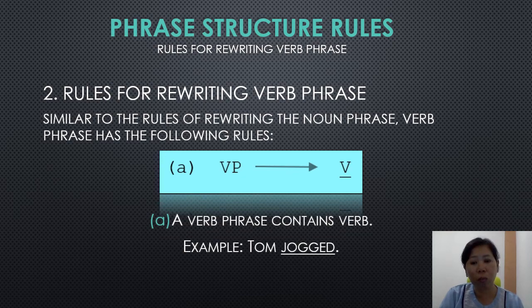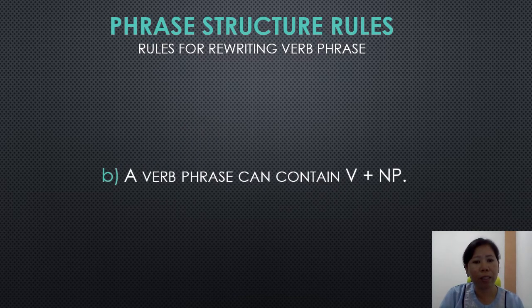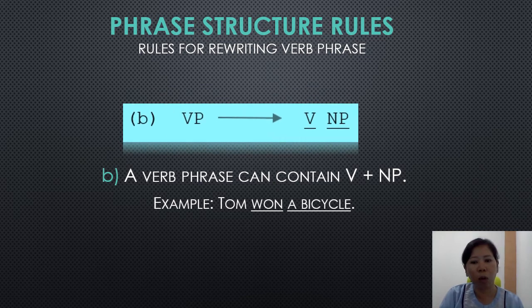The underlined word is the verb phrase. The second one indicates that a verb phrase can contain a verb plus a noun phrase. For example, Tom won a bicycle. So the underlined words are the verb phrase, which contains a verb plus a noun phrase.